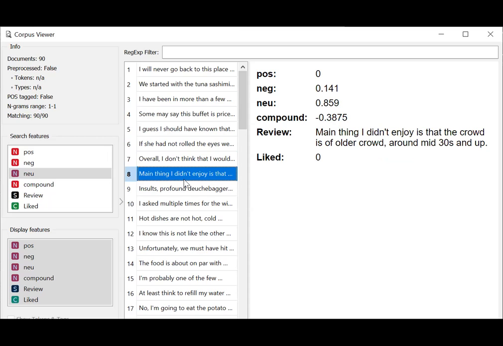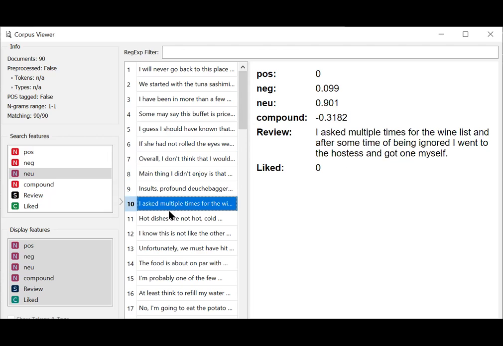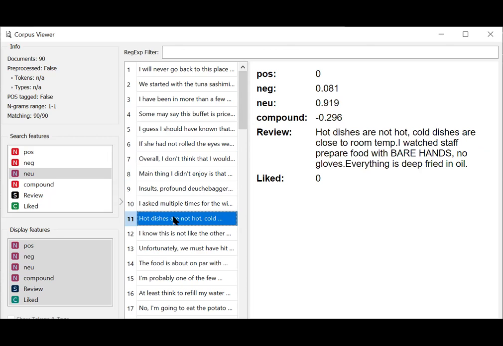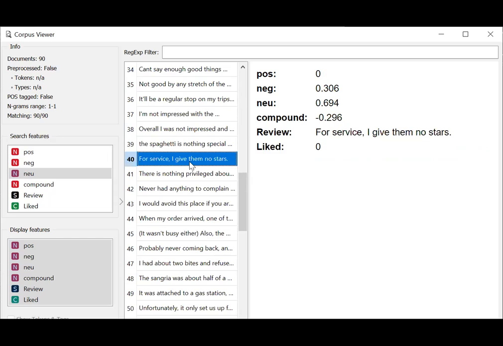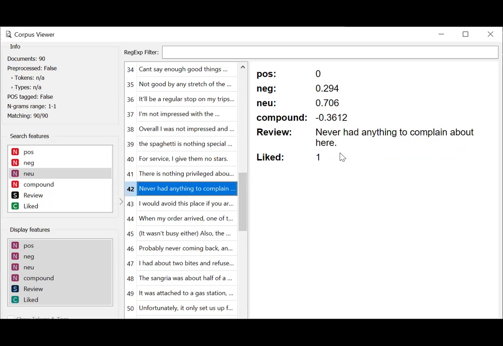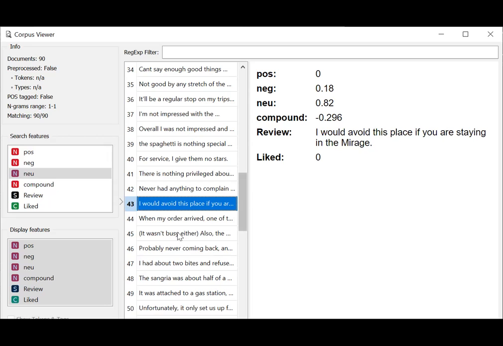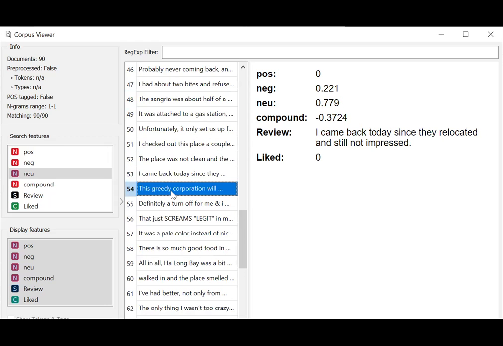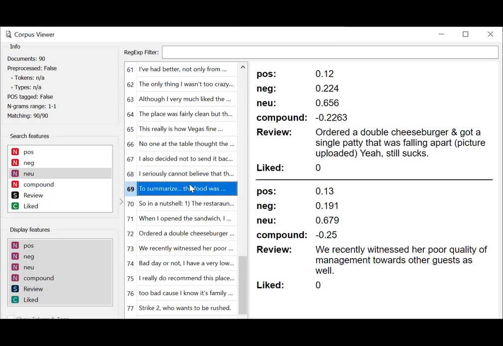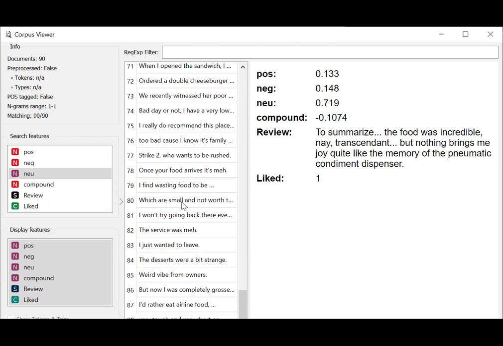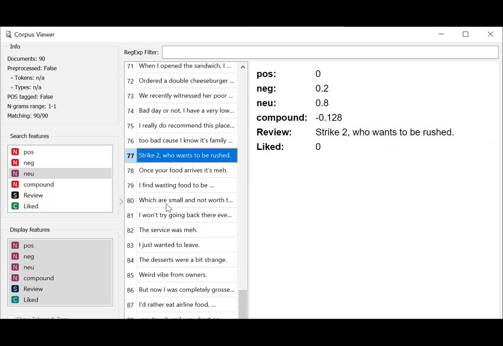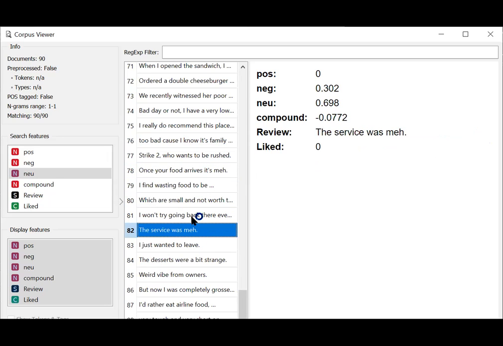Main thing I did enjoy is that the crowd is an older crowd, around mid thirties and up. Never had anything to complain about here. It is actually positive, but it was chosen as negative here. So most of the comments here are negative. Of course, there's some discrepancy here.